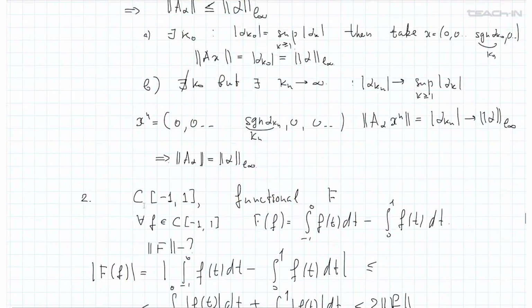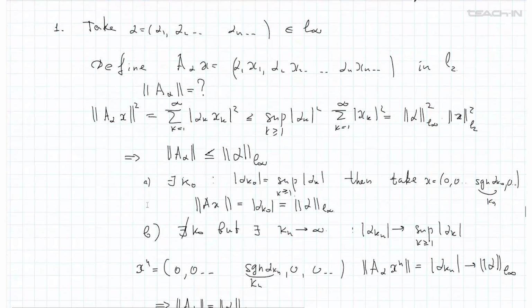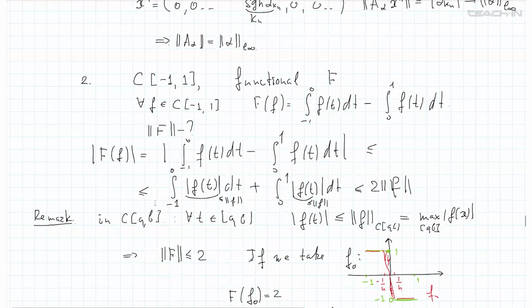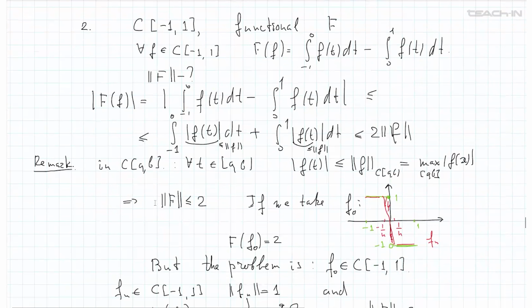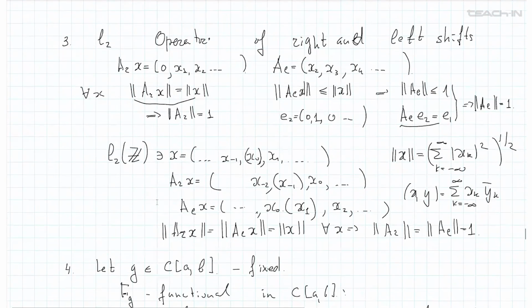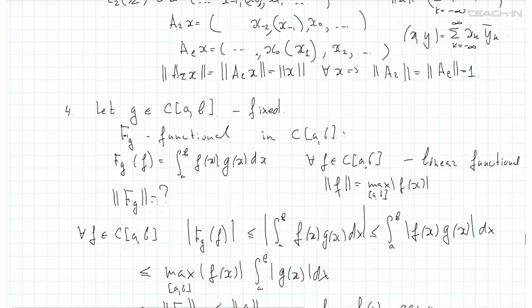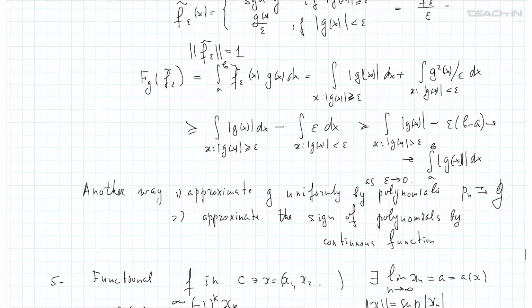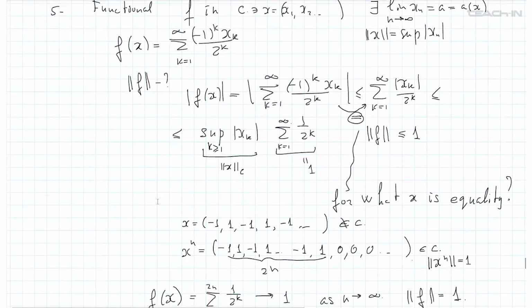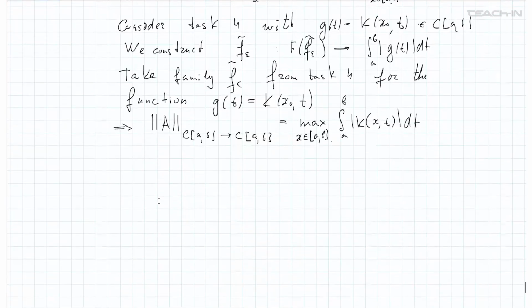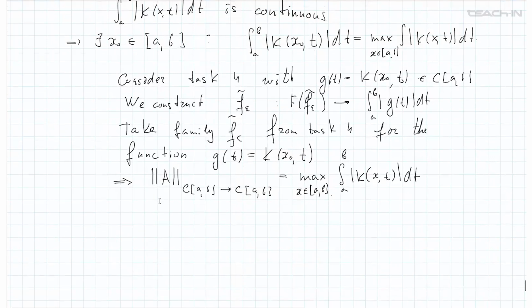In this lecture, the operator of multiplication of a function, the operator of multiplication of a sequence, some integral functionals and functionals on continuous functions, some operators of right and left shift, then the functional of integration with a fixed function, functionals in C. Okay, so I think it's enough for today because I need to go to the conference.